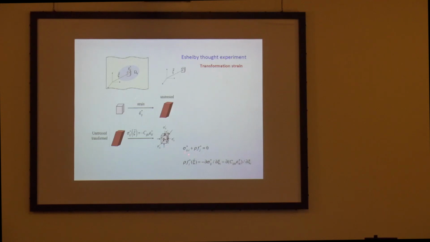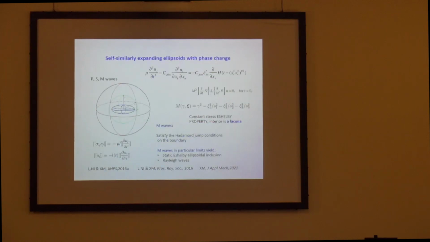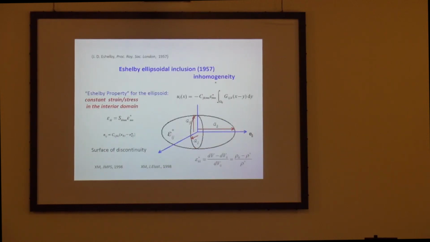These stresses can be produced by some imaginary body forces according to the equilibrium equation. So that means that the transformation strain is an equivalent body force. Then you have to cancel this body force by applying the opposite one, and that will mean that you will have the Green's function for a point force, and the displacement field everywhere will be given as an integral of these derivatives of the Green's function.